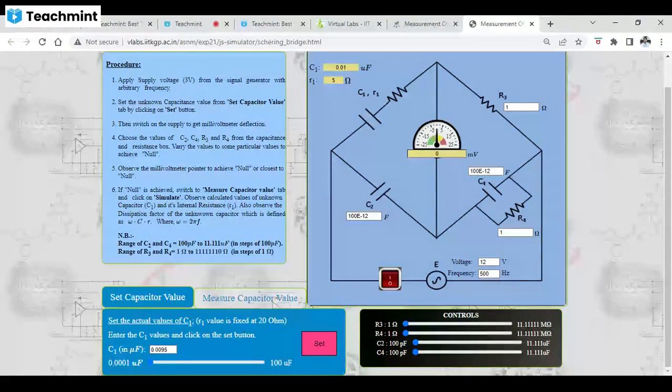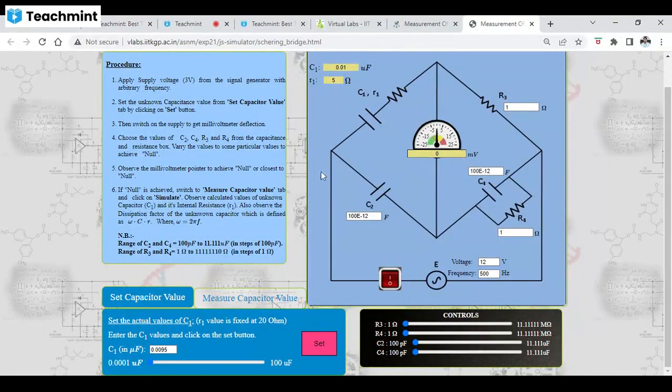So observe the millivoltmeter pointer to achieve the null, or closest to zero voltage or zero current.